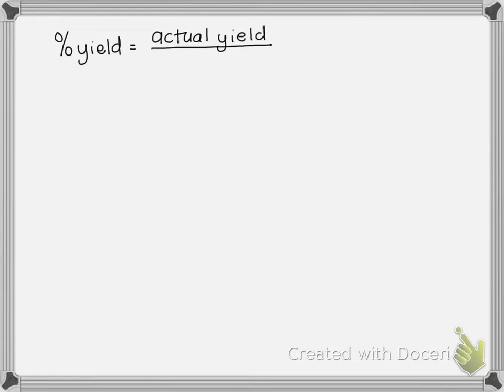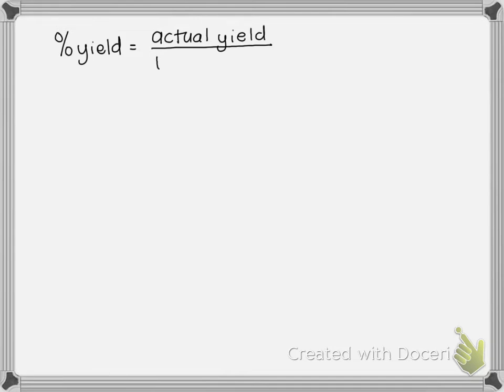So the actual yield is from lab. Now, for our problem, since we're not working in lab, this number is given to you. The only time this number wouldn't be given to you is if they're asking you to find it. And in that situation, they would be giving you the percent yield, not asking you to find the percent yield.